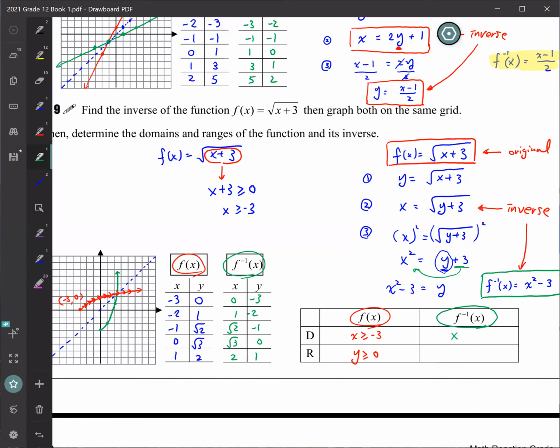Can you say it one more time, Jocelyn? Sure. X is greater or equal to -3. So same as before. Yeah. Okay, what about your range?